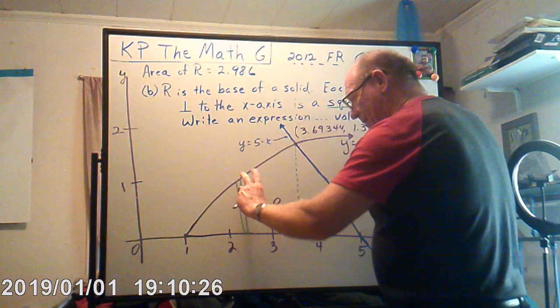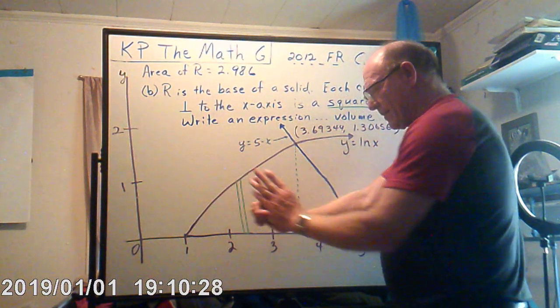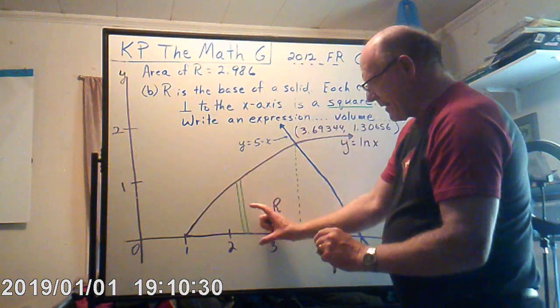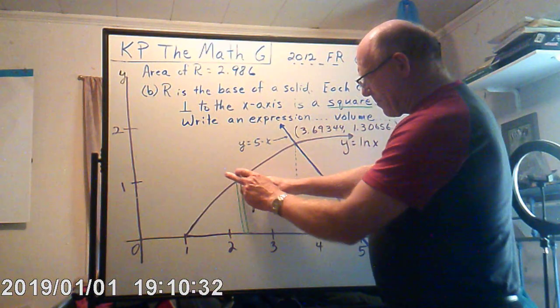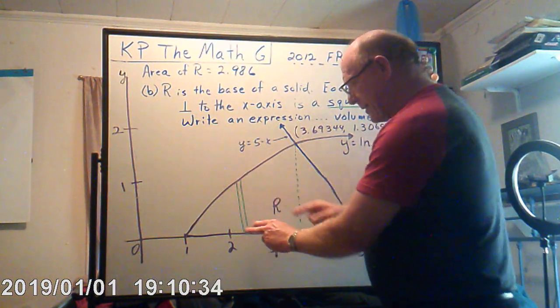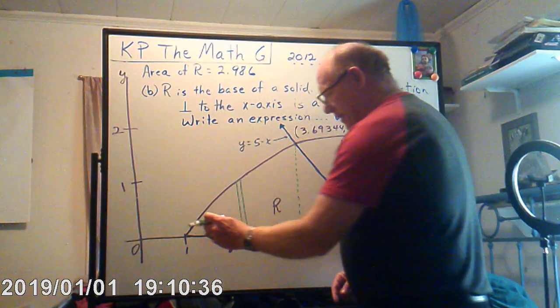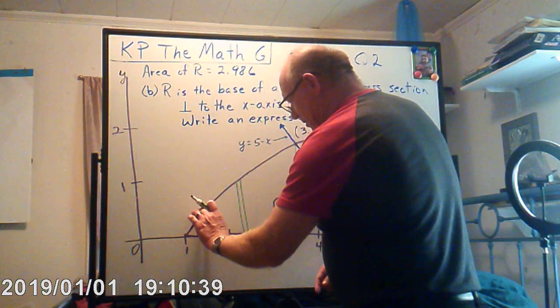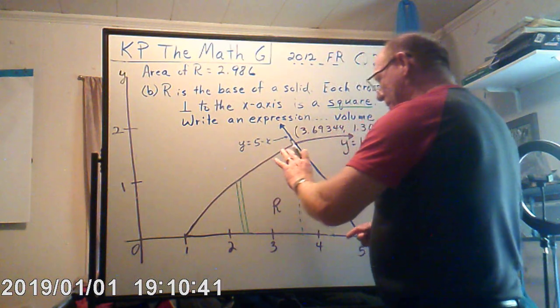That cross section would be a square. The closer in you get, the smaller the squares are, but they'll build up and build up.